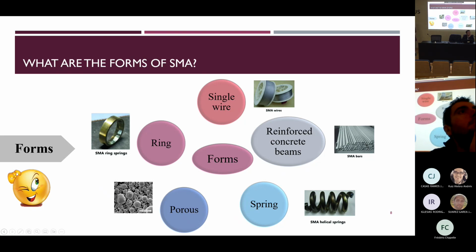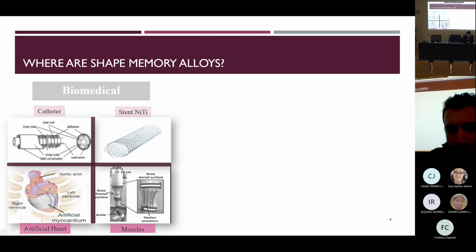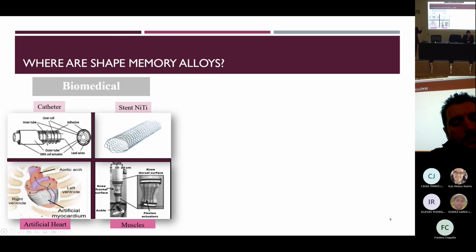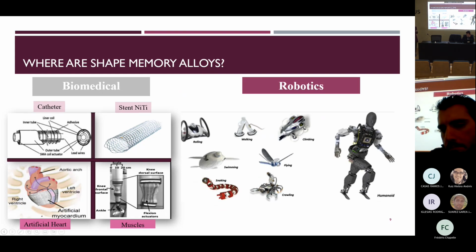All these forms, we can find in many applications in biomedical, robotics, autonomous, etc. But we are going to focus on biomedical and robotics fields, since it is used as catheter tube or heart support device, sure, the artificial support device. And also in many applications for robotics that we have here.